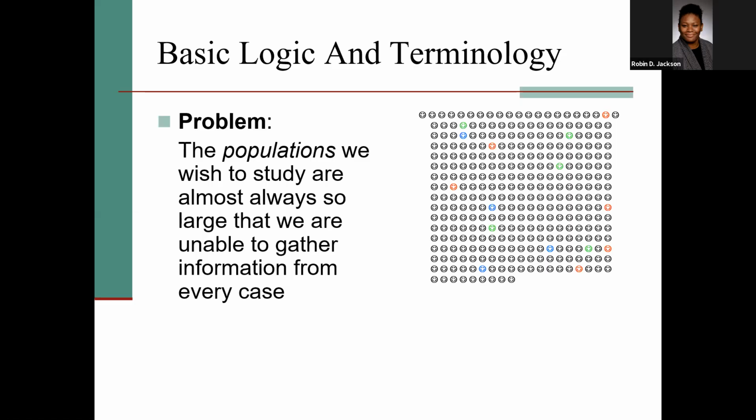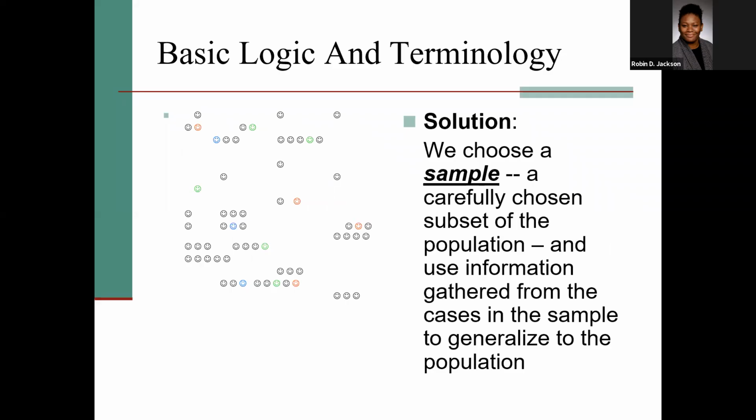So what we tend to do is collect data from a sample. Okay, so that's our solution. To deal with this problem that we face with populations, we use inferential statistics. That's what a lot of what we'll be talking about for the remainder of the semester deals with.